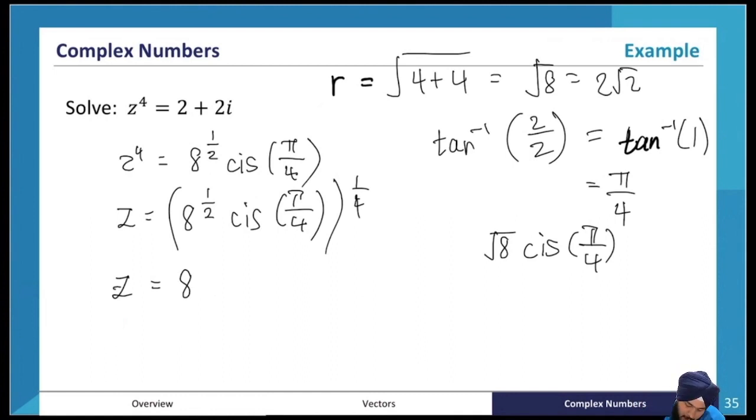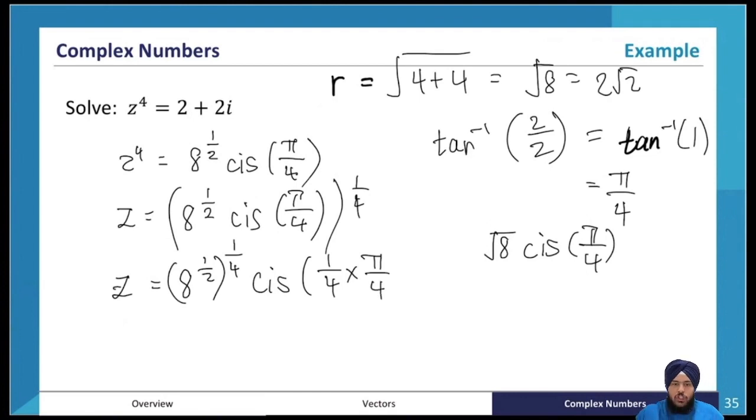So 8 to the power of half to the power of 1 over 4, cis, and we multiply it by the angle. So 1 over 4 times pi over 4. Just one thing that you need to remember is, remember how I said if we're finding the fourth root, there will be 4 solutions. So how do we account for all those 4 solutions?